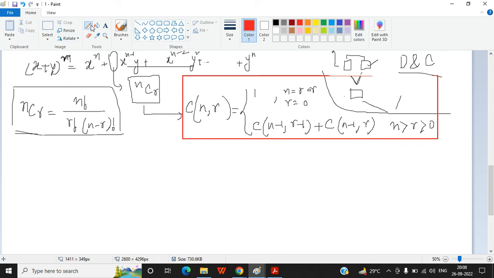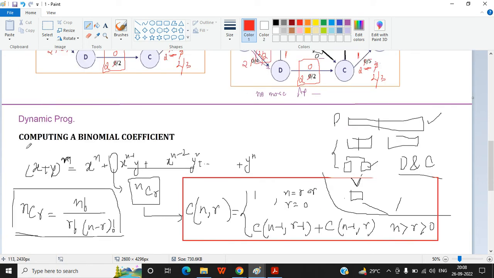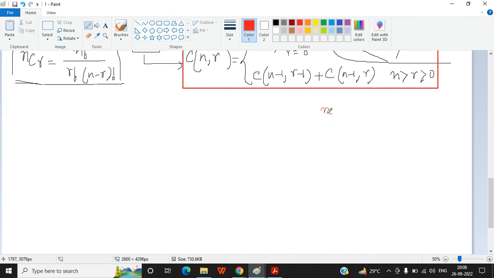So how can we do that? Suppose you are given: use dynamic programming to compute the binomial coefficient for something like 7C5, or maybe even bigger, say 7C6.